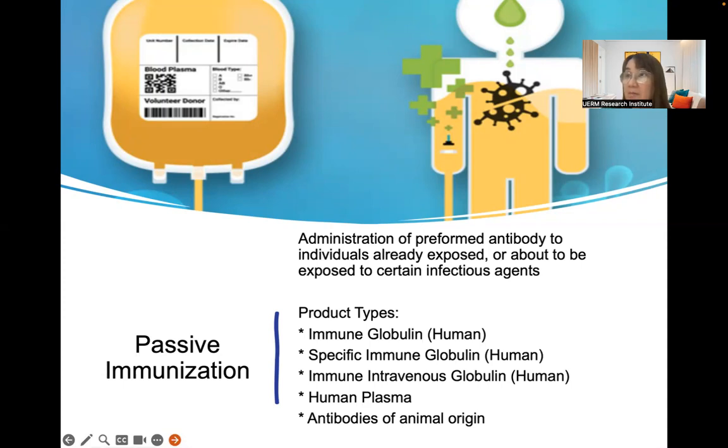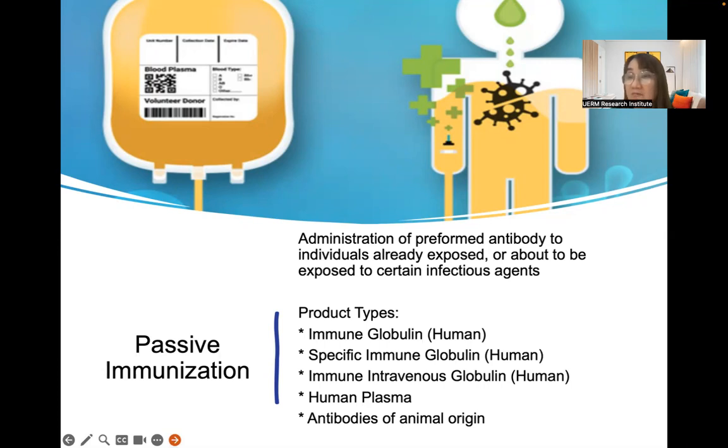So these are the product types. Number 1, human immune globulin, which is derived from pooled plasma of adults, consists primarily of IgG and traces of IgA and IgM. It is used as replacement therapy in antibody deficiency disorders, hepatitis A prophylaxis, and measles prophylaxis.